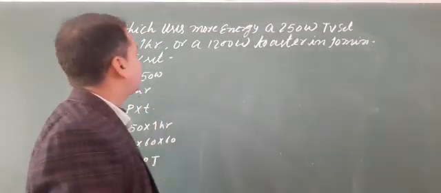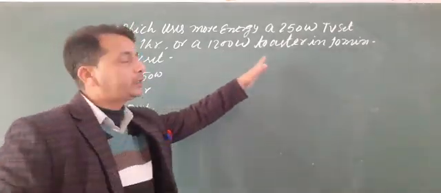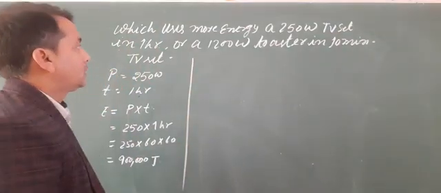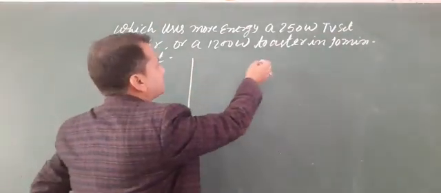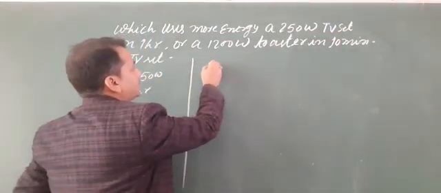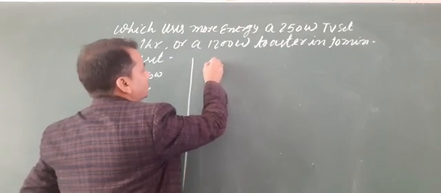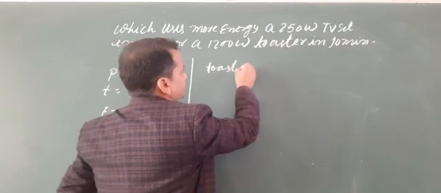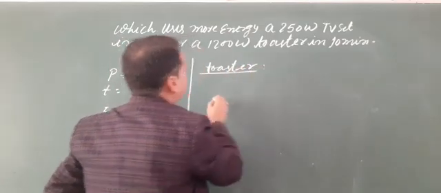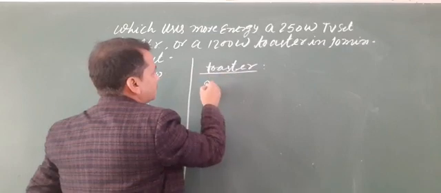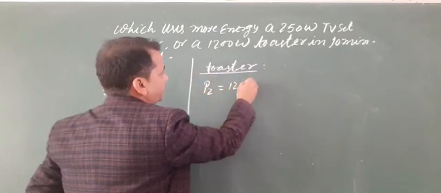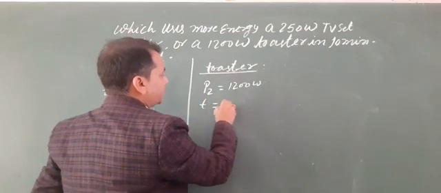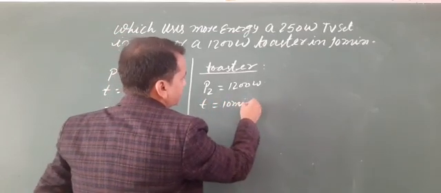Now next, what is the electrical energy consumed by the toaster in 10 minutes? The power of the toaster is given, that is 1200 watt, and the time is 10 minutes.